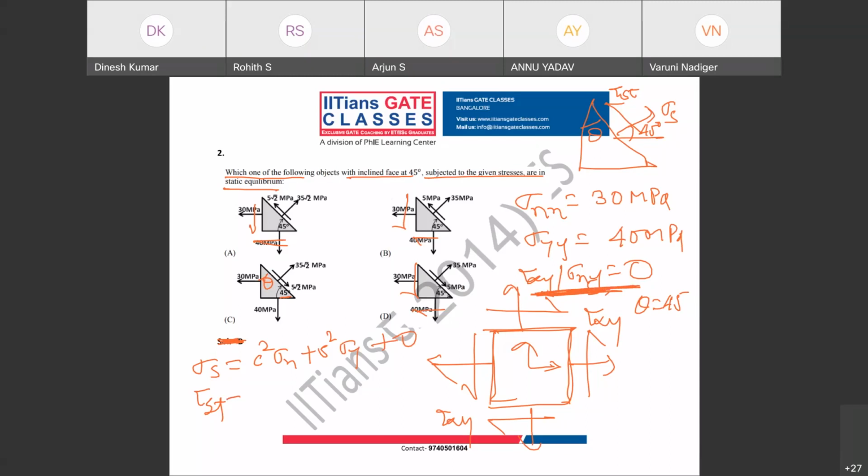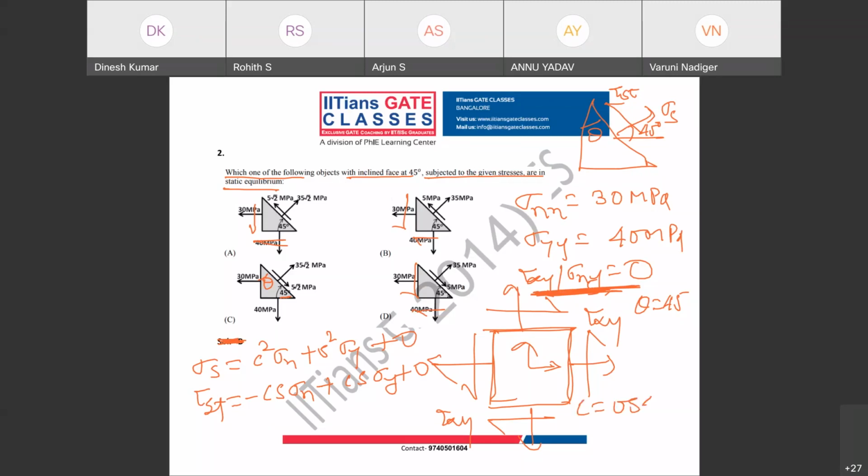Now what is the tau st if you find? It will be minus cs sigma x plus cs sigma y. Then the third term is 0. Why 0? Because you don't have shear stress in the xy direction. Now guys, what is c?